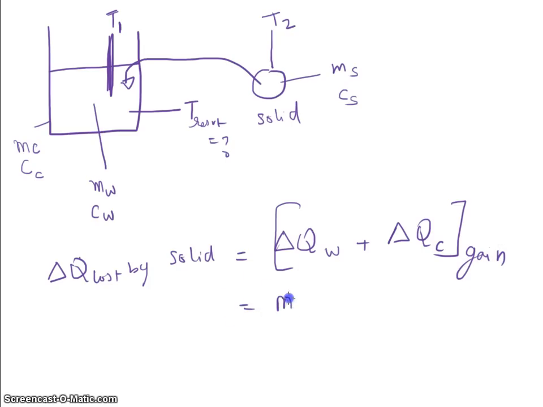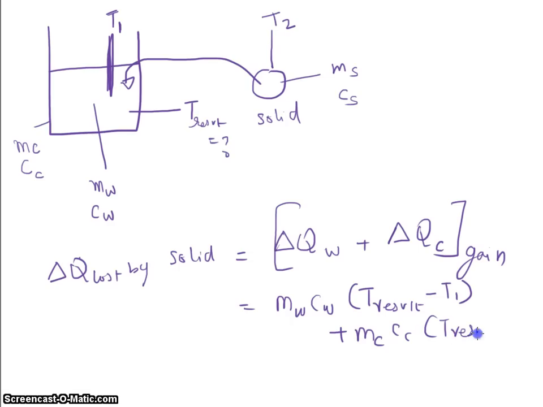So this is equal to mw cw (T result minus T1) plus m calorimeter cc (T result minus T1).